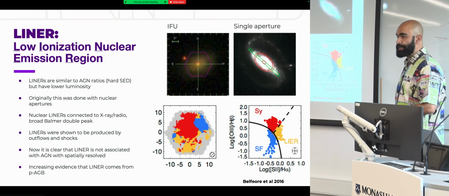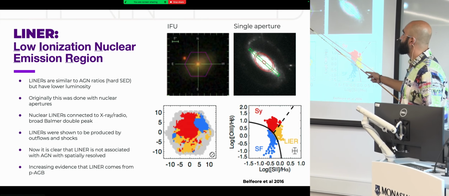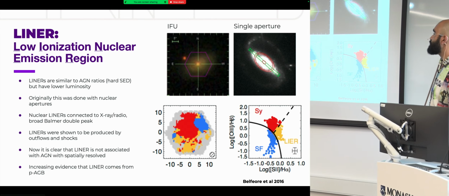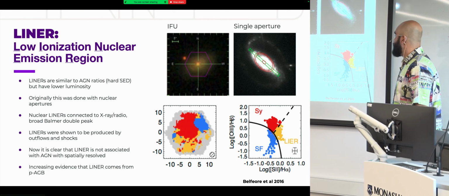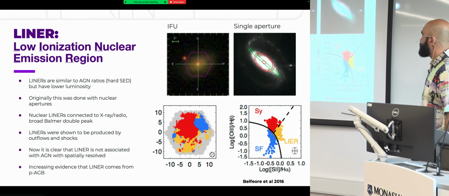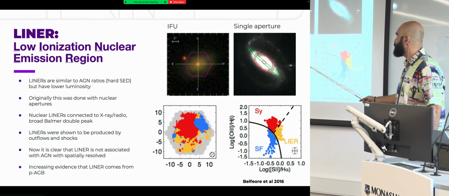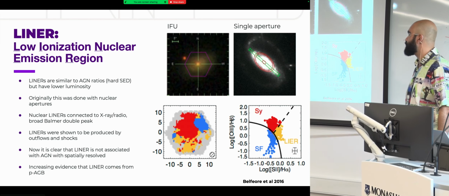But more recently, we have IFU, or spatially resolved observations of spectra, where we can obtain spectra from different regions rather than just integrating the flux within the aperture that we observed it with. And this is one example from Melchior's paper of one galaxy. As you can see, the red represents AGN, blue star forming, and yellow is LINER.